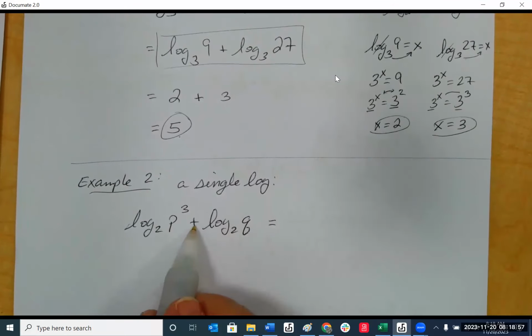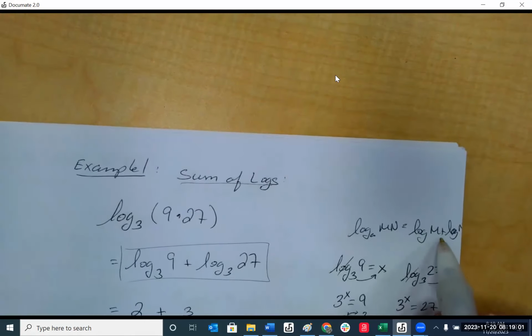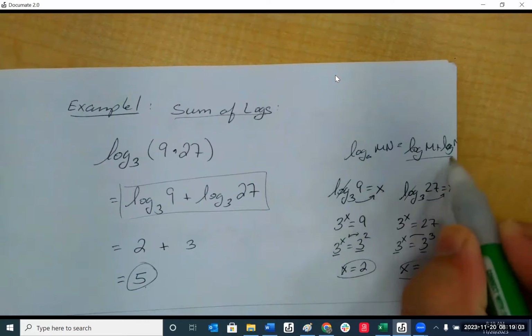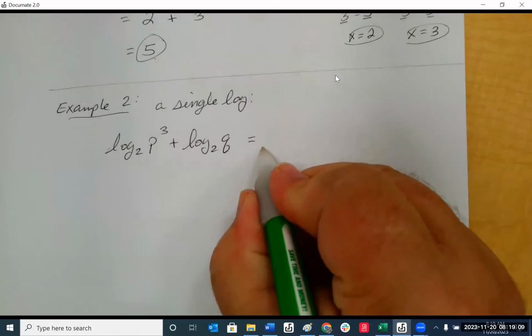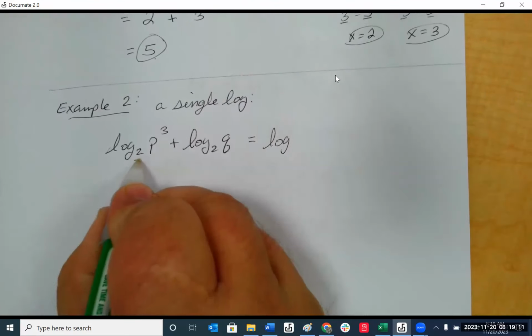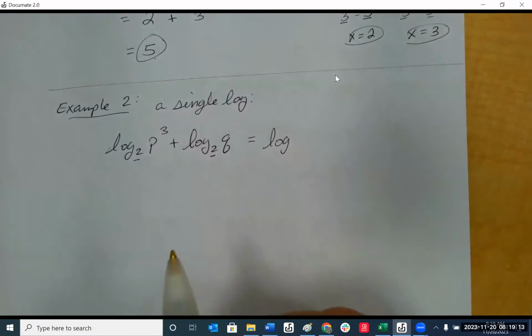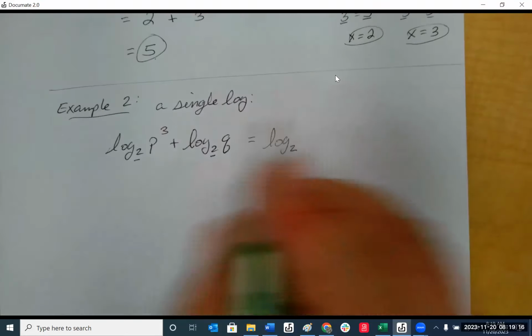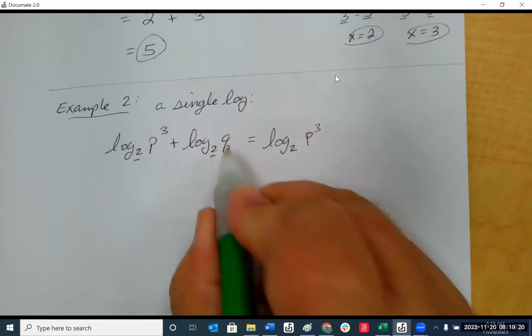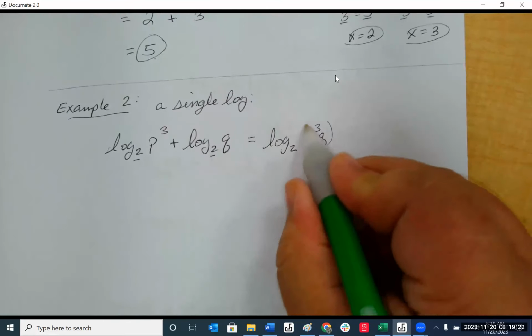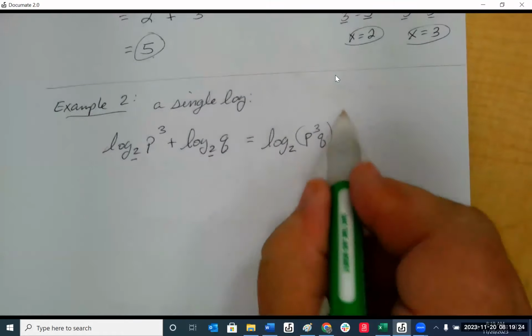Well, if it's a plus, from the product rule, we start from this side. If it's a plus between there, then we can combine them to be a product, especially because it has to be the same base. So this is p cubed times q. And there's your answer.